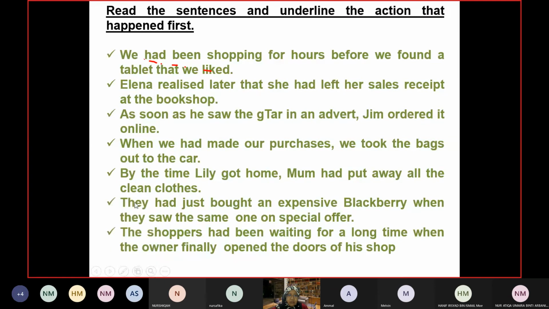Wait. By the time Lily got home, Mom had put away all the clean clothes. Alright, so which one is happening first, Hasmaria? Hasmaria, are you there? Yes.